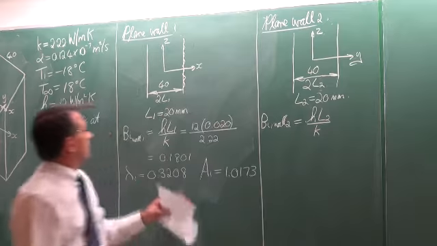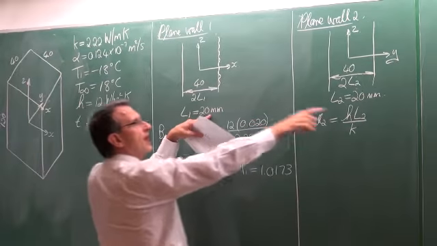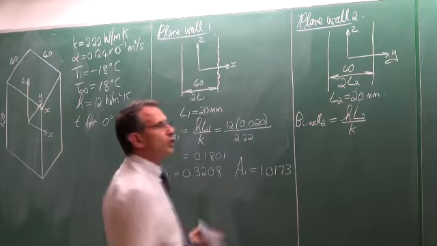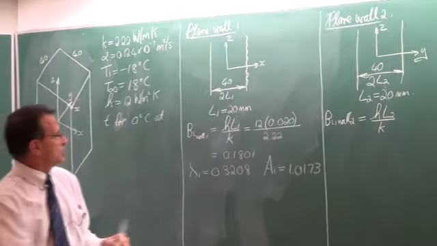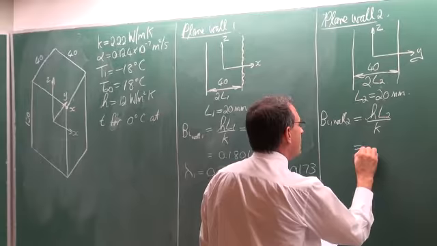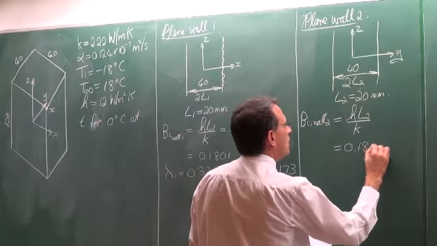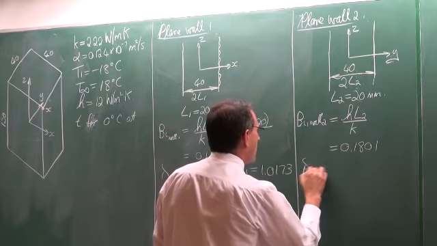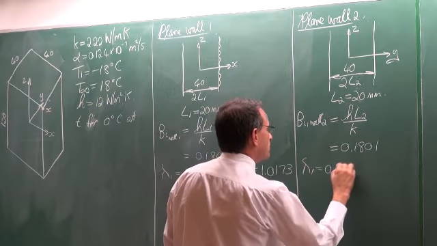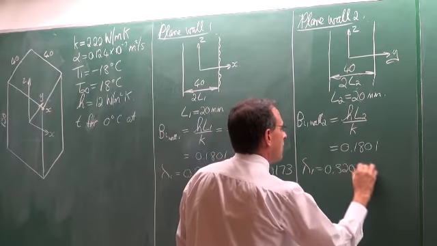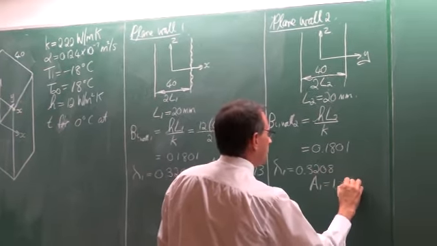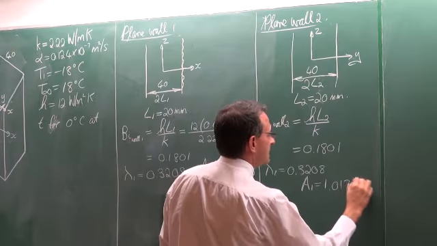L1 is equal to L2. The heat transfer coefficients are the same and the thermal conductivity is the same. So we're talking of the same Biot number equal to 0.1801, and therefore lambda 1 is equal to 0.3208, and A1 is equal to 1.0173.